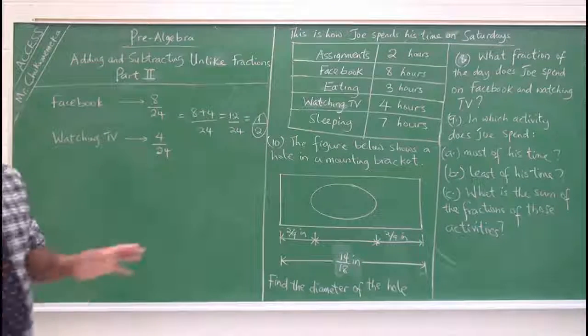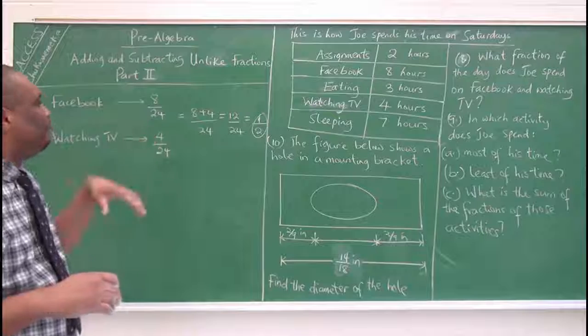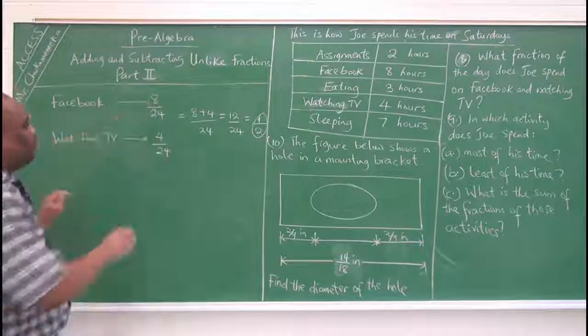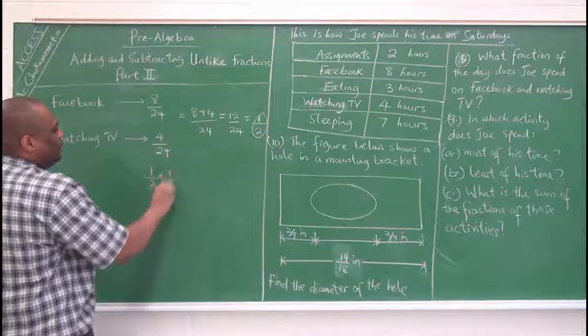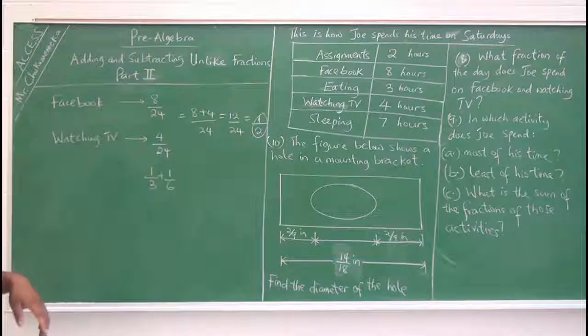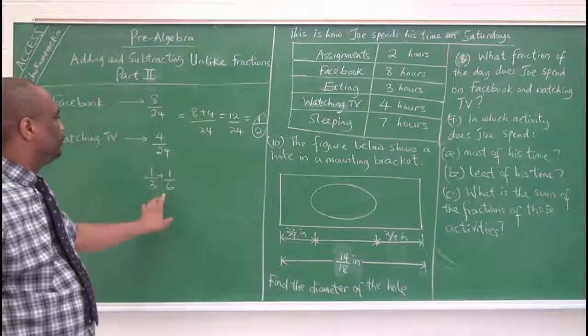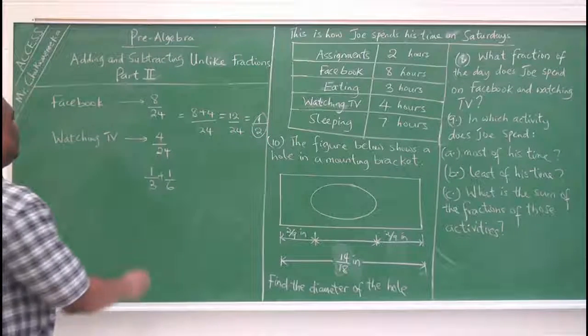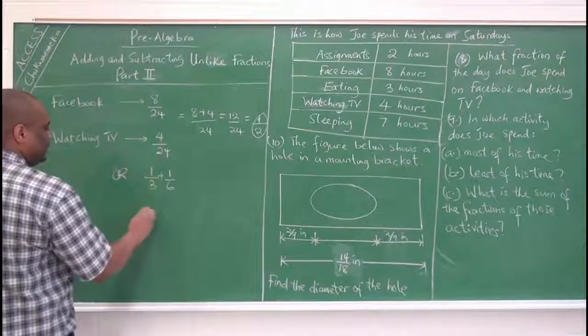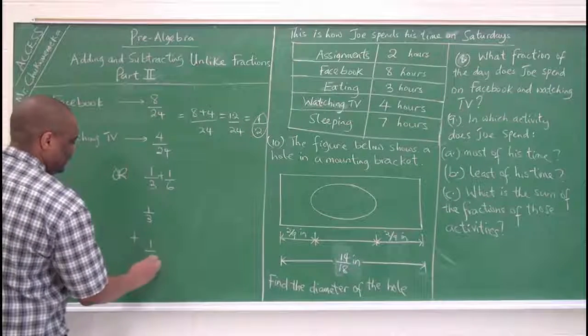Another thing you can do, but I prefer to use this approach, is to do 1 over 3 plus 1 over 6. That's another thing you can do. And of course, the LCD will be 6. 1 over 3 plus 1 over 6.